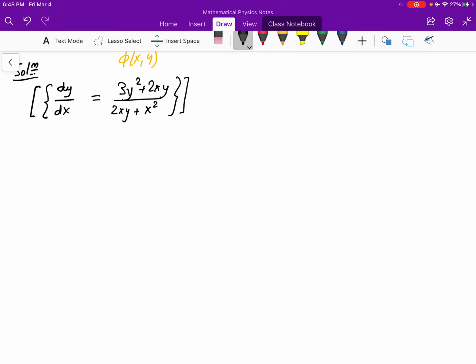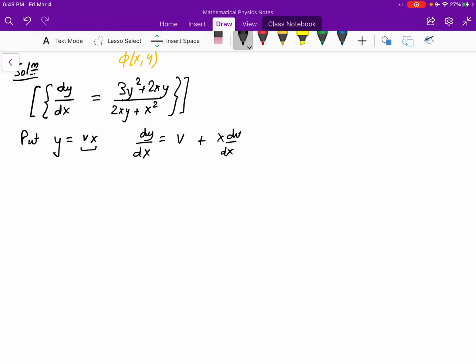Put y equal to vx and take a derivative of it. So it's very obvious. Let's take a derivative: dy by dx is equal to, using the chain rule, v plus x dv by dx, which means that we are differentiating v first, keeping x constant, and then x keeping v constant.